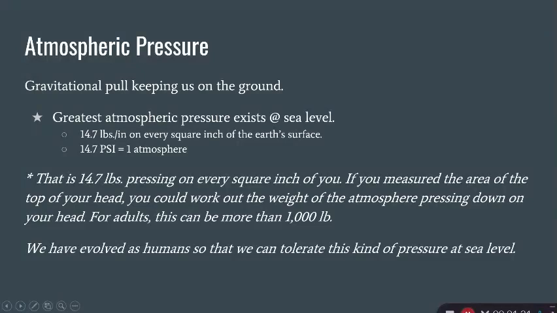Atmospheric pressure refers to the amount of pressure that the air pushes down on us when we are at sea level. What we have to think about here is that we've got a bunch of different air molecules above us, essentially like blankets of air above us.